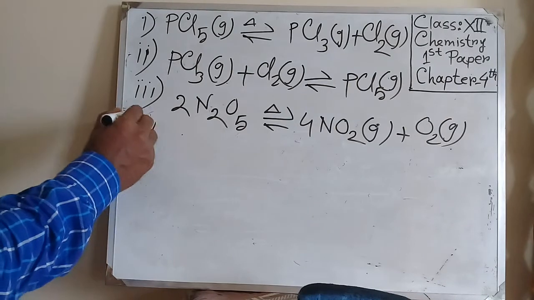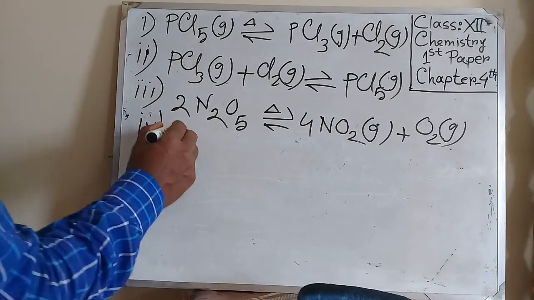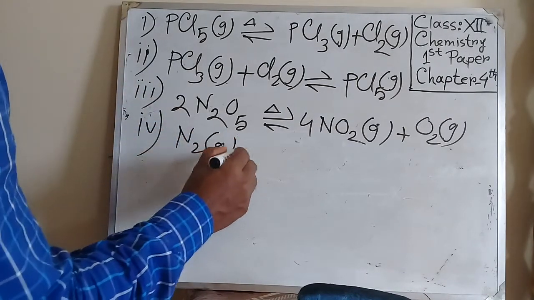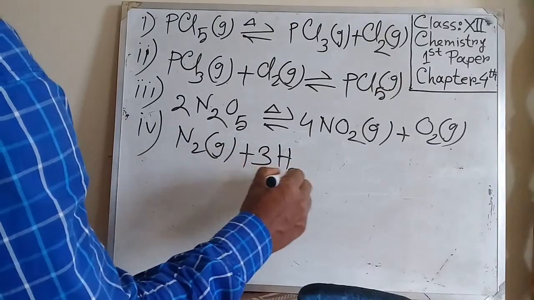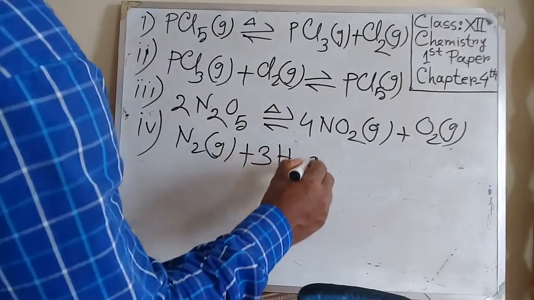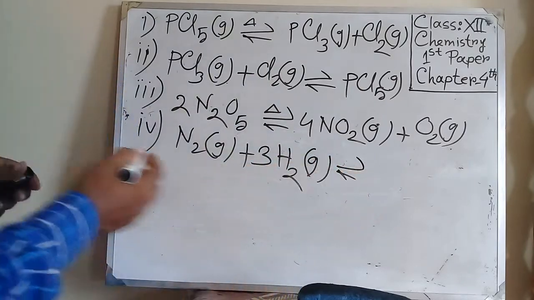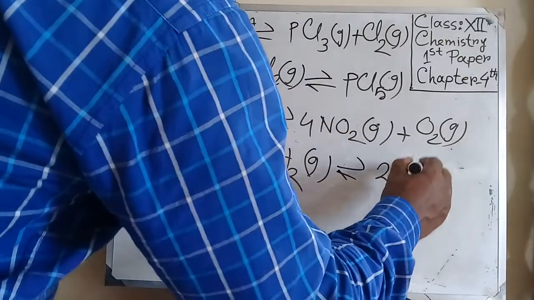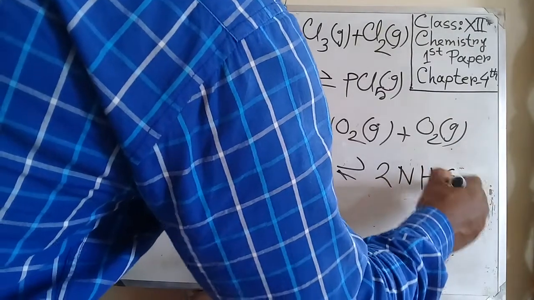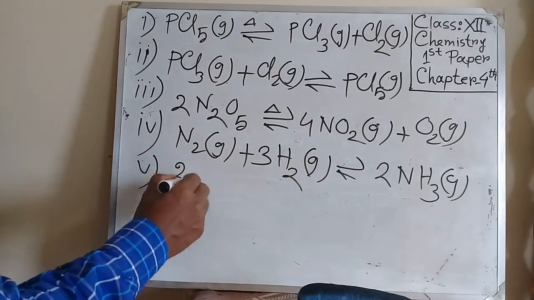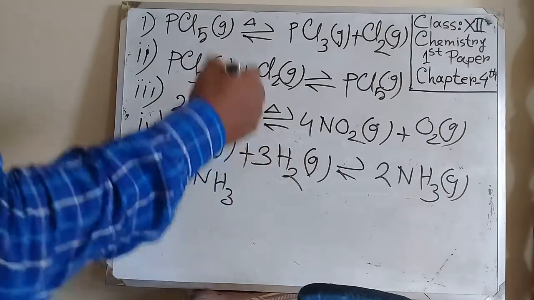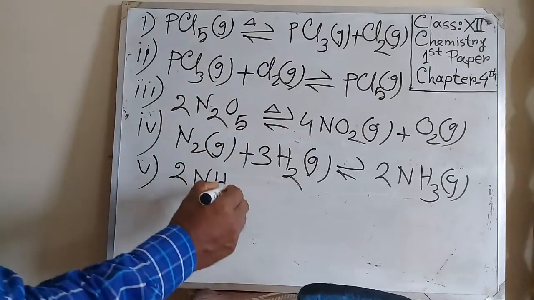And number 4, nitrogen gas plus, actually we need to take 3 mole oxygen gas, and we'll get 2 mole ammonia gas. And the last one is just the reverse reaction of the previous reaction.